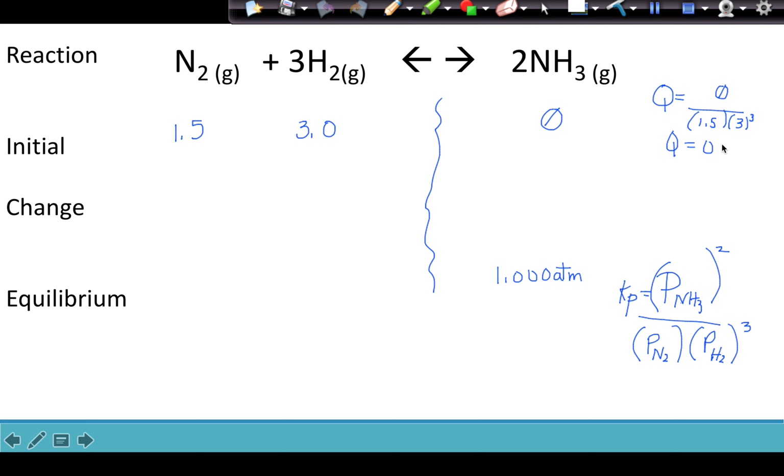So if Q equals 0, that automatically means that Q is less than K. We put them on the number line, and whichever way we have to move to get to K is the way that our reaction will shift in order to reach equilibrium. So since Q is less than K, we need to shift to make more products in order to reach equilibrium. So that means that my product side increases and my reactant side decreases.